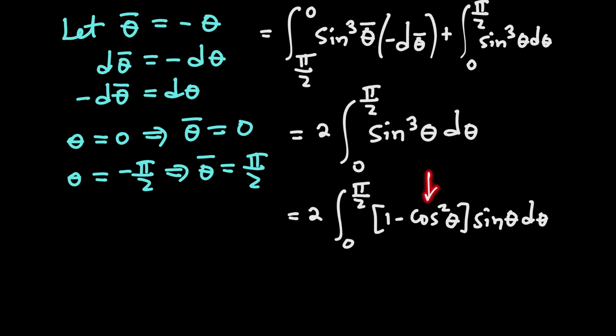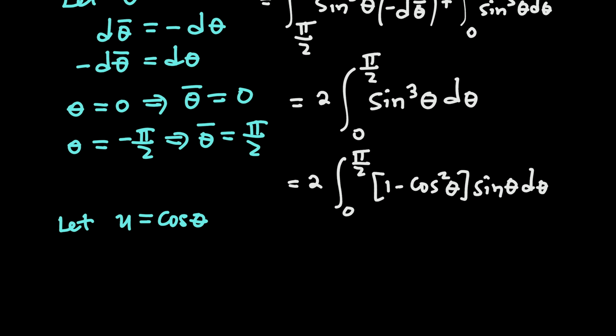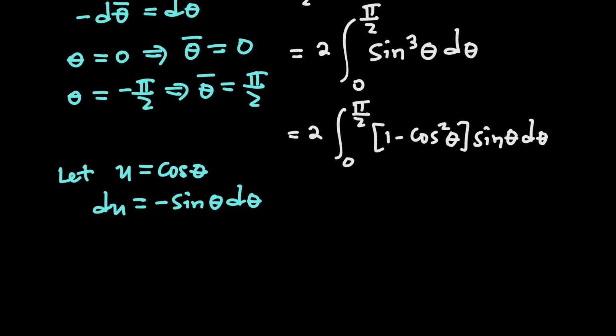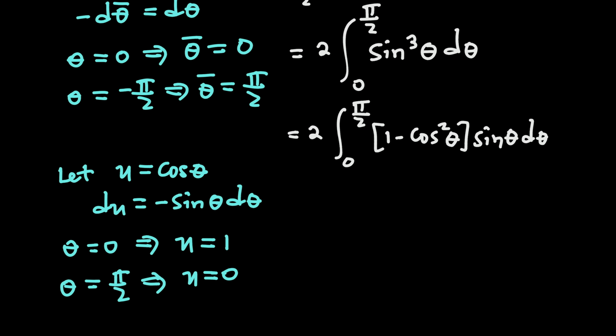So if we let u be your cosine, then you have the following calculation. du is negative sine theta d theta, and if theta is equal to 0, this corresponds to the u value, which is equal to 1. And if theta is equal to pi over 2, we have this one, therefore u is equal to 0. Therefore, we have this integral.